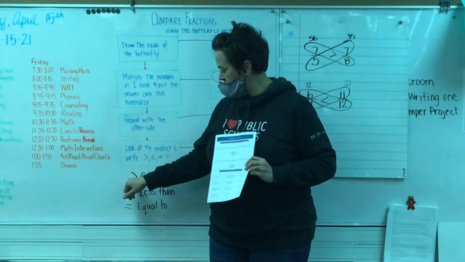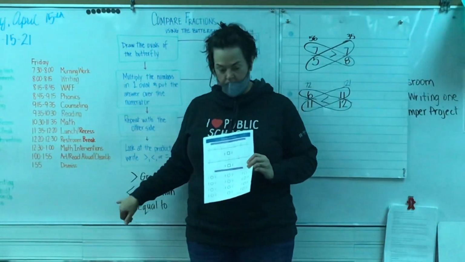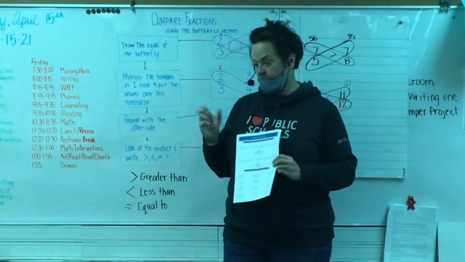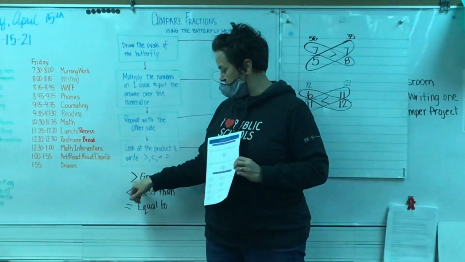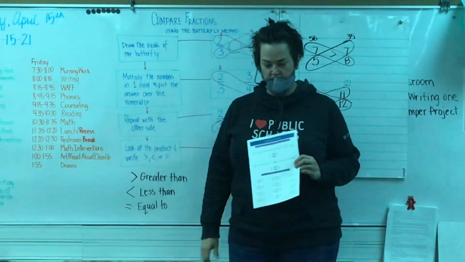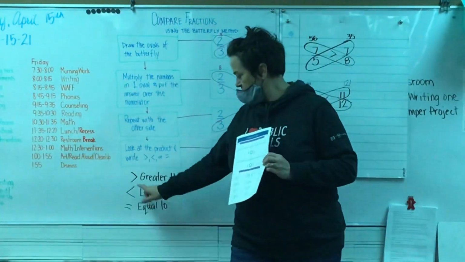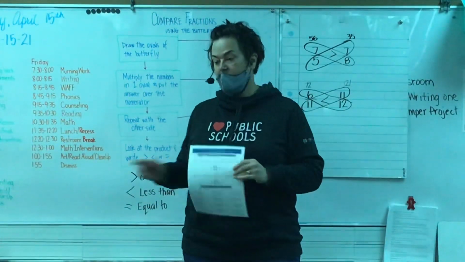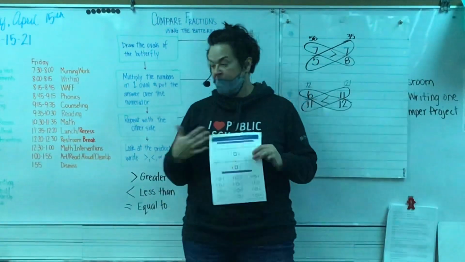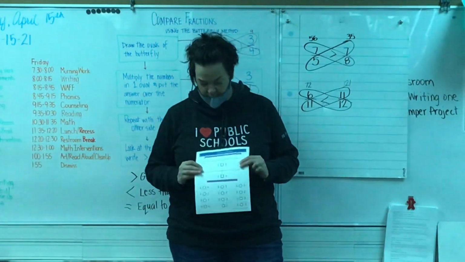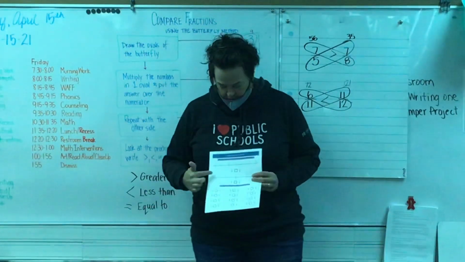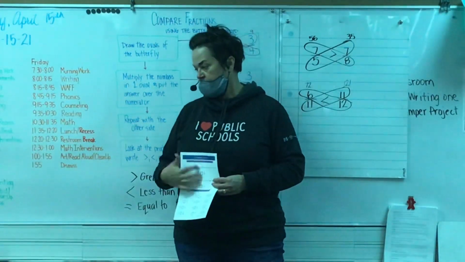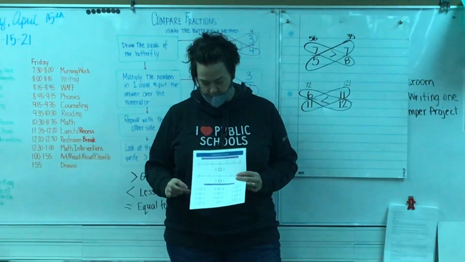If you don't remember the symbols, I would get in the habit of putting a G beside this one, and an L beside this one, because you've got to remember what those symbols mean to be able to answer these correctly. These have the same denominators, so that's why they use the number line for those two problems.